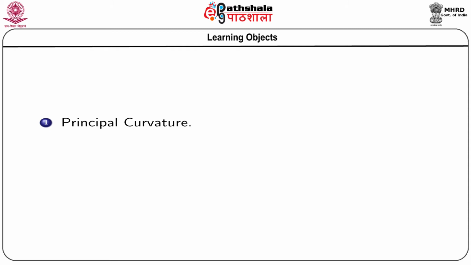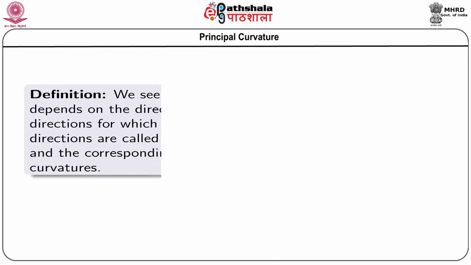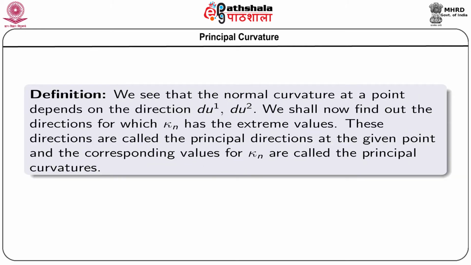Now, how this concept of principal curvature is coming, let us see. So, we state the definition of the principal curvature of a surface, that the normal curvature of a surface depends on the direction du 1 du 2, because in our previous module, that is module 2 of this chapter, we have seen that normal curvature is equal to b by a, where b is the second fundamental form and a is the first fundamental form, and b means b alpha beta du alpha du beta by a alpha beta du alpha du beta.